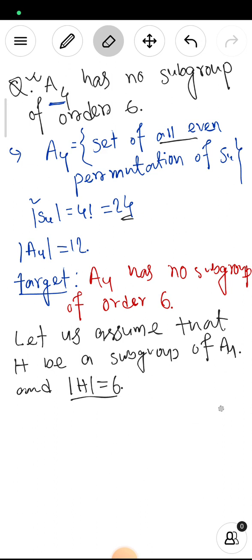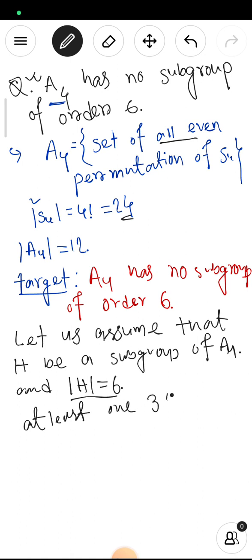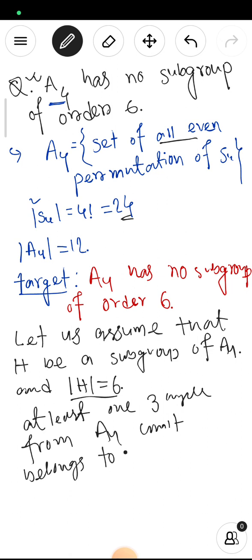So can you understand what I am saying? All the 3-cycles cannot belong to H. So I am writing this: at least 1 3-cycle from A4 cannot belong to H. Why?